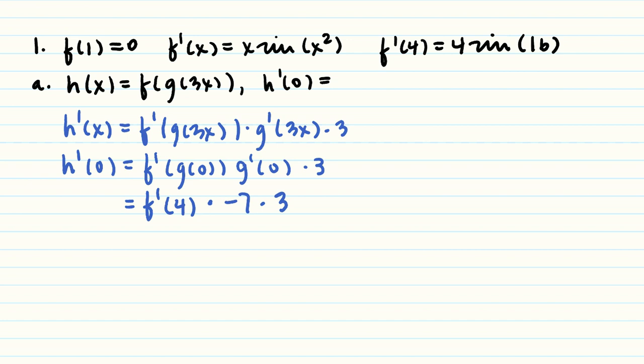I don't really know what that is, but so I can conclude that h prime of 0 is equal to -7 times 3 is -21 times 4 is -84, which is also 12 times 7, yeah, that makes sense. And then 84 sine of 16. If you got a calculator, you can figure out what that is as a decimal number, or you could just not.